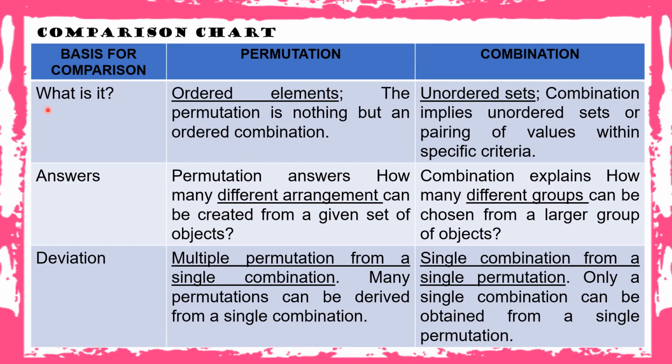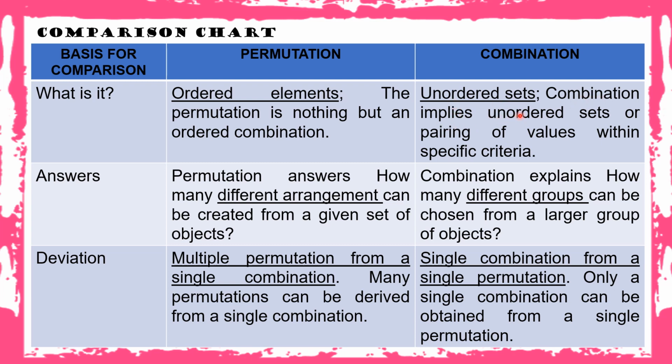So let us continue to differentiate permutation from combination. Again, we have here the comparison chart. In permutation, ordered elements, the permutation is nothing but an ordered combination. While in combination, it is unordered sets.